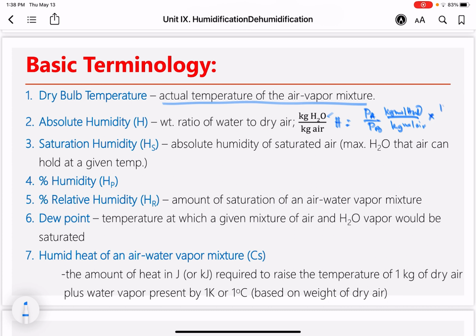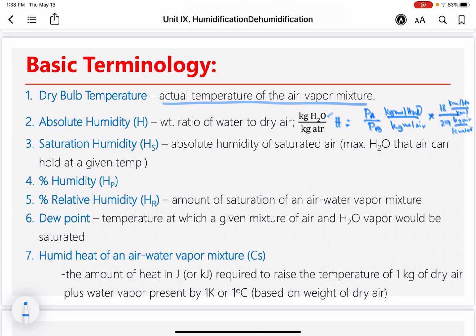We have 18 kilograms of water per kilomole of water, and for air it is the same. You have 29 kilograms of air per kilomole of air.